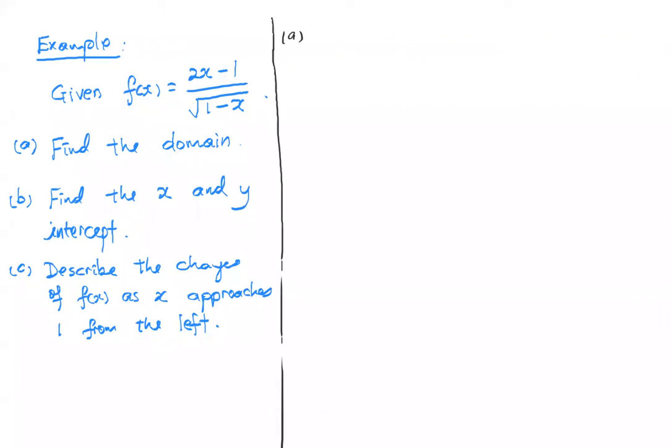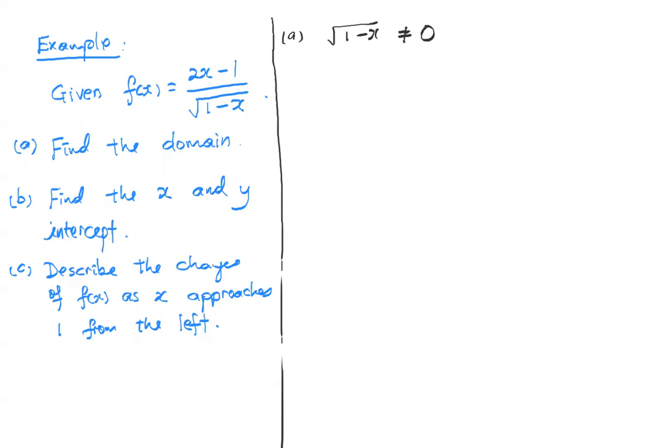So this is a rational function, correct? So first of all, I say square root of 1 minus x cannot be equal to 0, when I want to talk about the domain, because this is the denominator of the rational function. Okay, then you talk about radical.